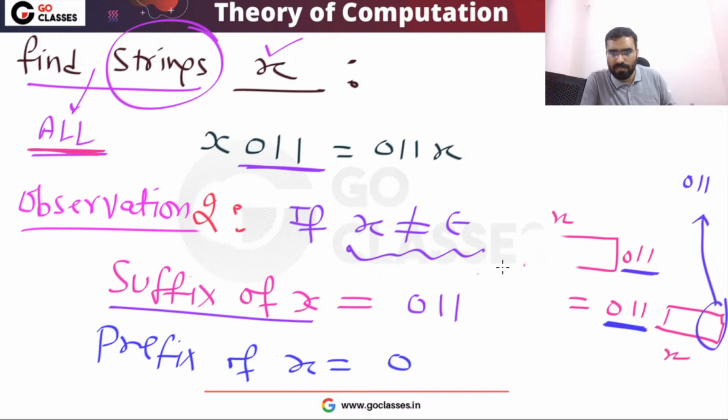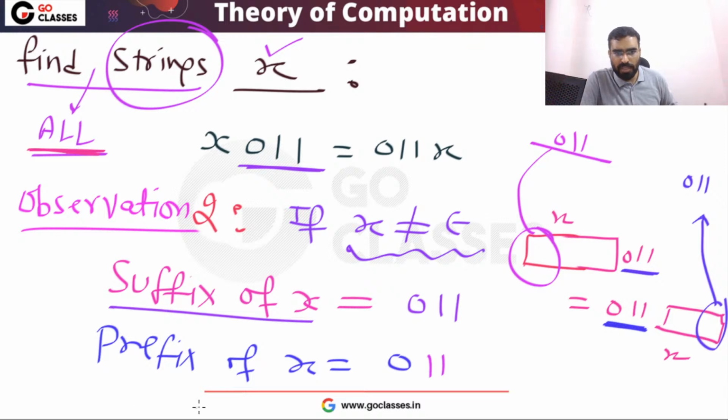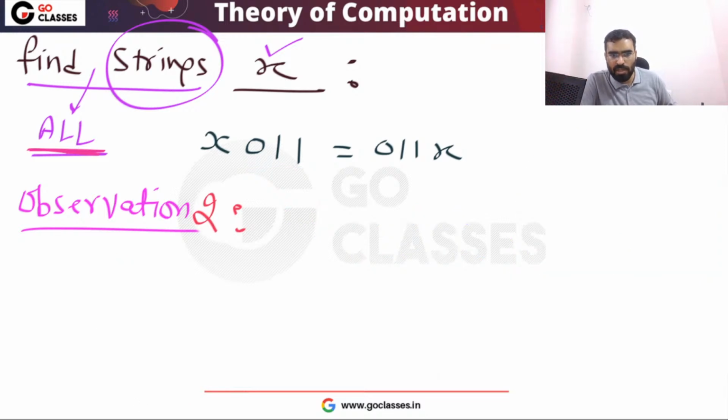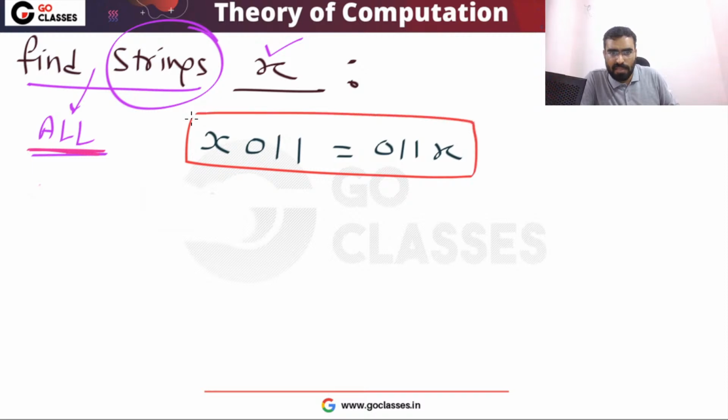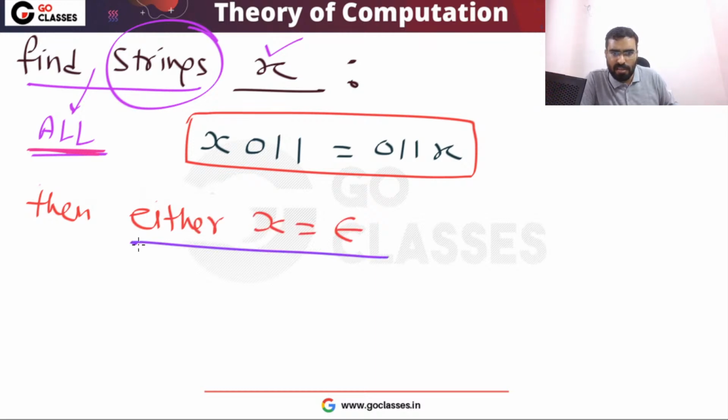All these small observations, these are some observations. Now you can solve the question. So it is guaranteed that if this is happening, then either x is empty string, correct?